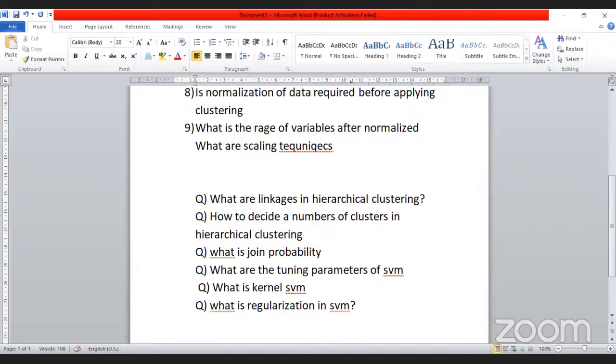The value of regularization tells the training model how much we want to avoid misclassifying each training observation. Whatever value we choose for the regularization parameter, it is going to avoid misclassification of our observations, right?